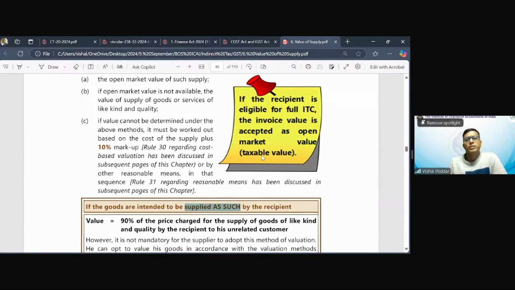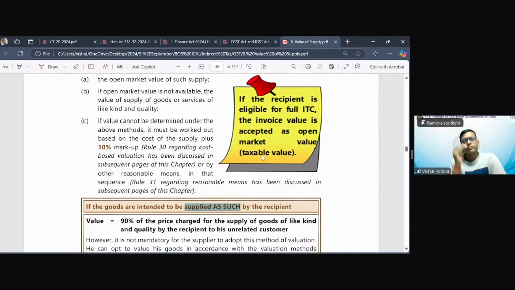Now, in such a case where Hemant is eligible to get full ITC, then even if I have charged him a discounted value of 7,000, that particular value will be considered as the correct value, and you don't have to do any valuation, no open market value, nothing. It will be deemed to be the open market value. In other words, that value is accepted.